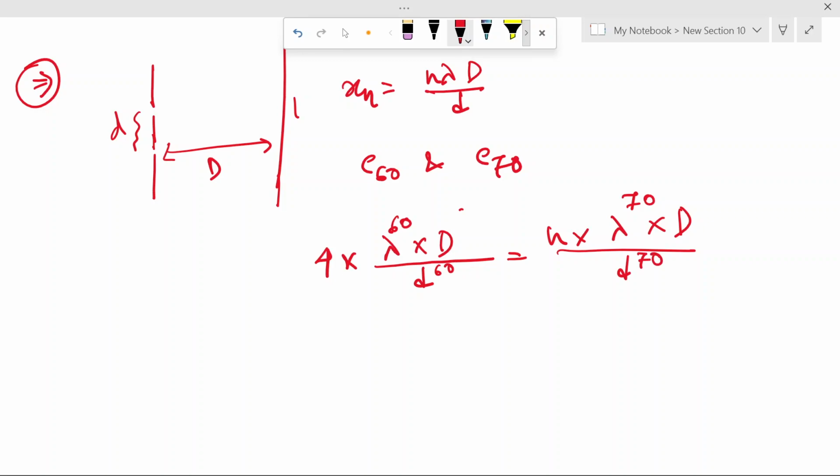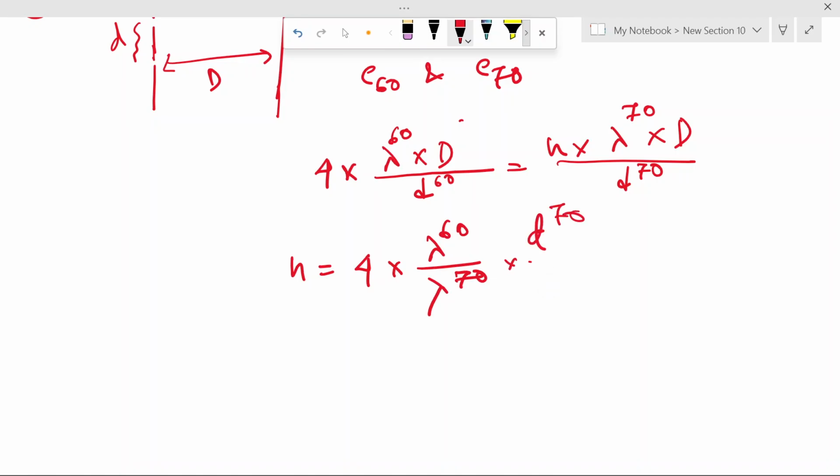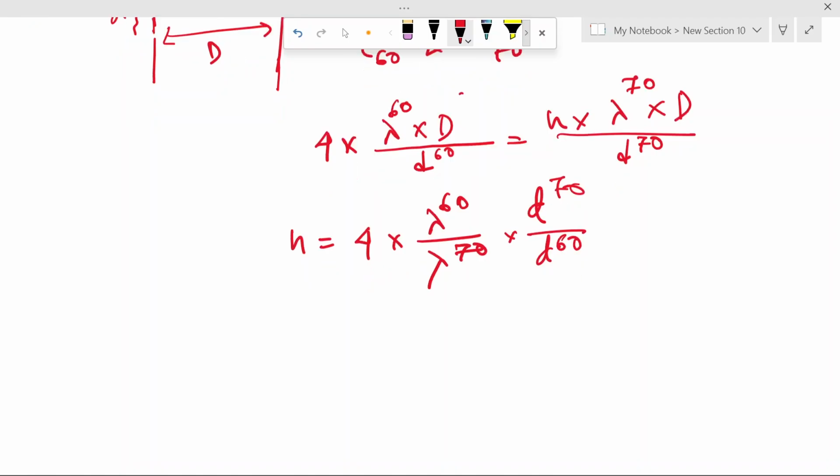Because the distance to the screen is the same for both cases, but other things will change. You have to find n, right? What will n be here? N will be 4 into lambda 60 by lambda 70 into d70 by d60, right?